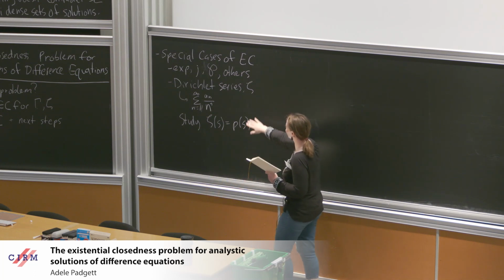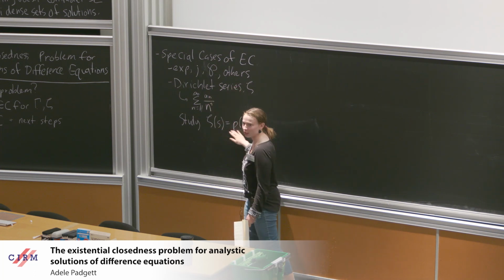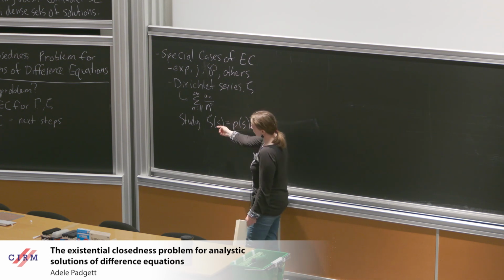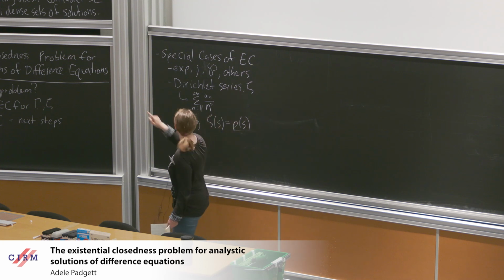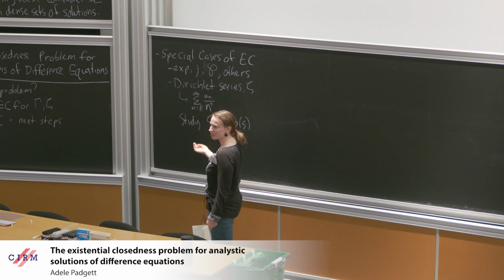So the people who were studying this, they were showing that there are infinitely many solutions to things like this. But this is just a special kind of polynomial in zeta and s. So you can see it as a case of existential closedness.